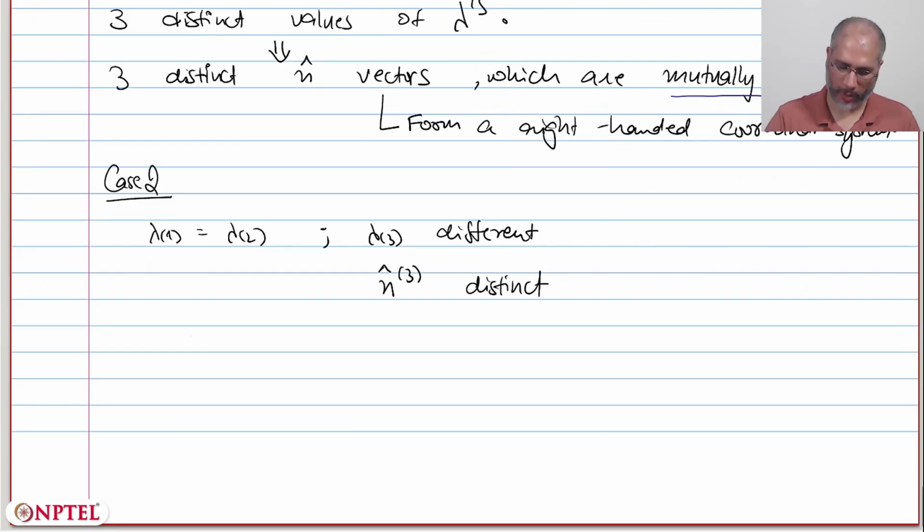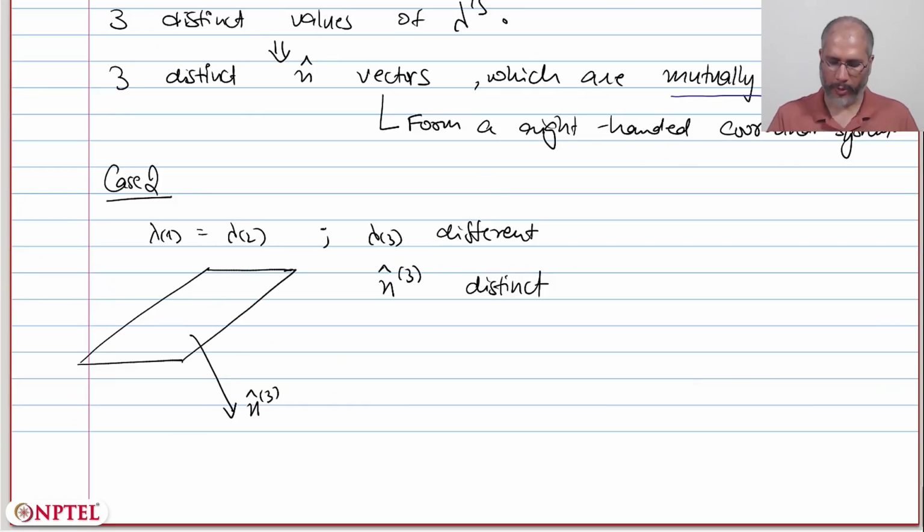So let's draw this, hypothetically speaking. Let's say this is n3 hat. And then what we do is we draw a plane which is perpendicular to n3 hat.